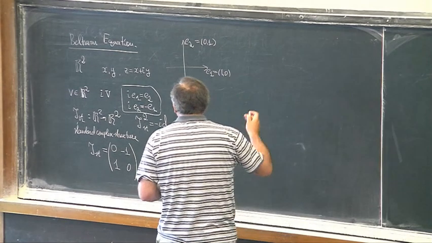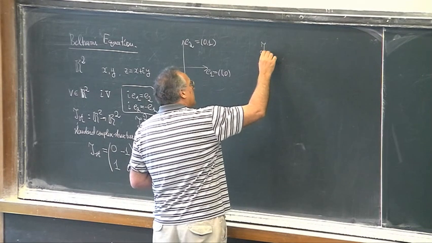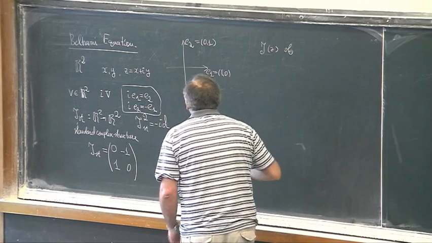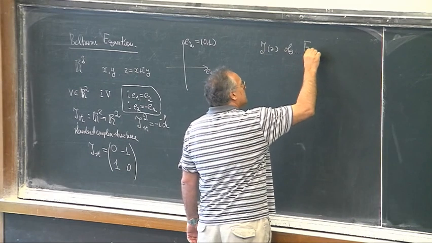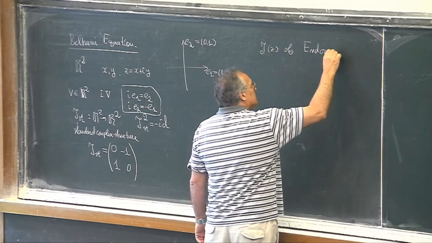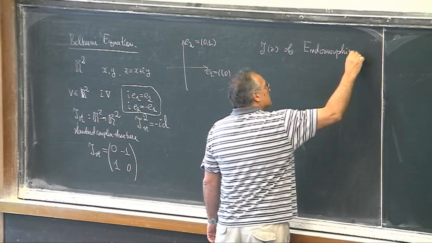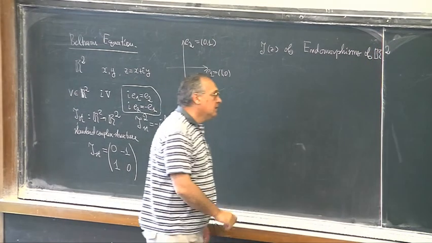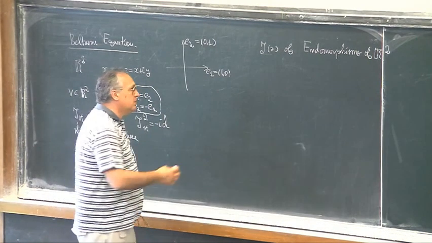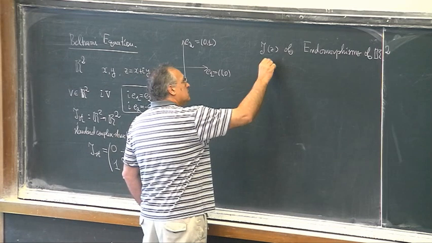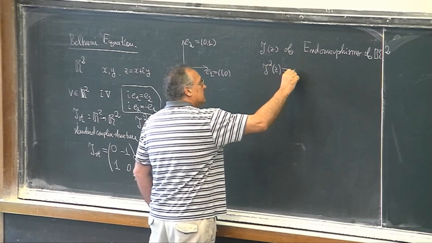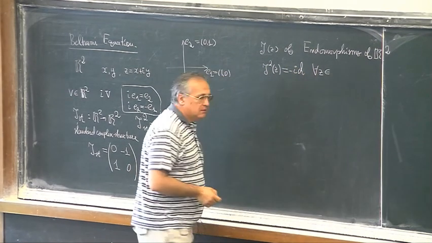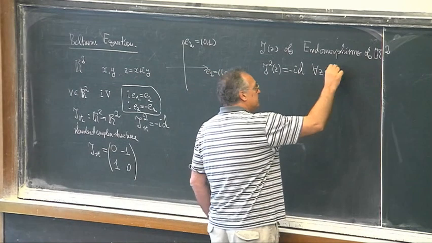Therefore, I would like to consider a family J depending on z of linear maps, endomorphisms of R2, satisfying the following condition: J square is minus identity for any z in its domain of definition.